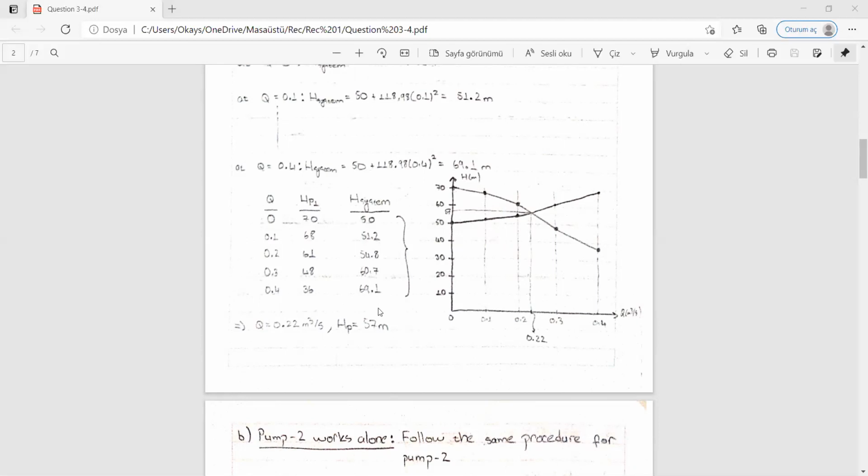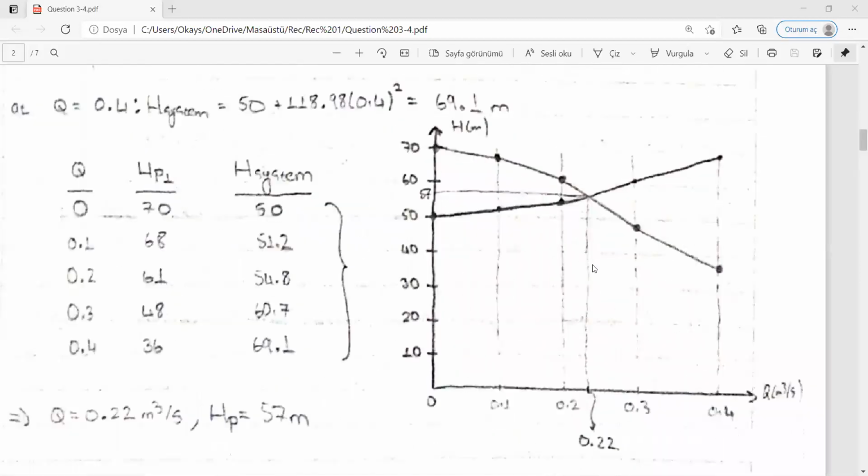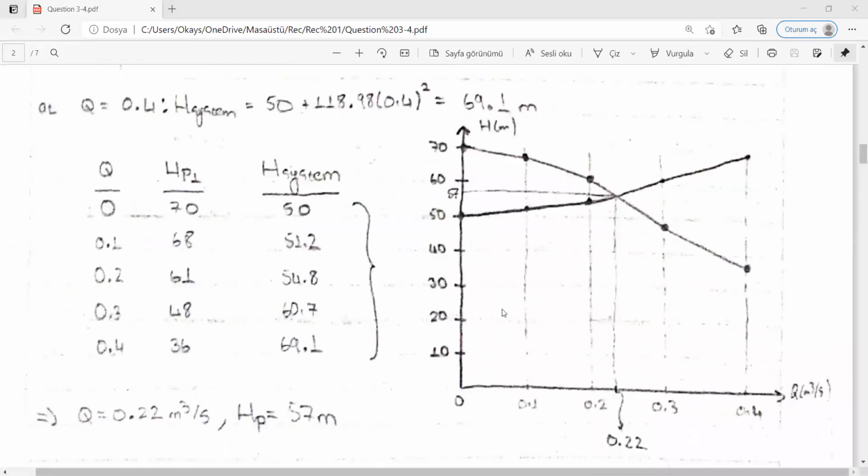And for the system, again, for 0, it's 50. For 0.1, it's 51. It goes like this. And as I said, the point where this curve and this curve coincide, we accept as our operating point. So let me get a bit closer so you can see it easier.